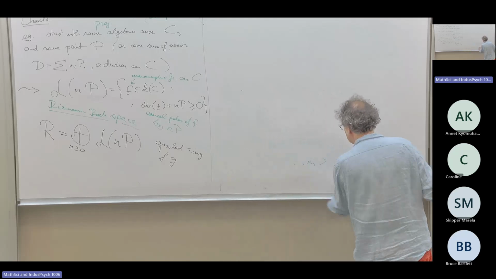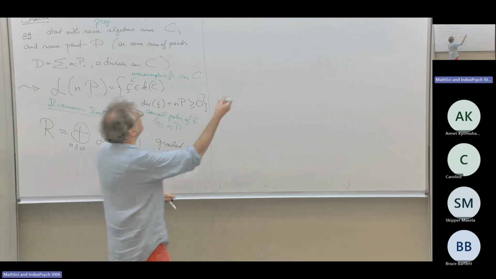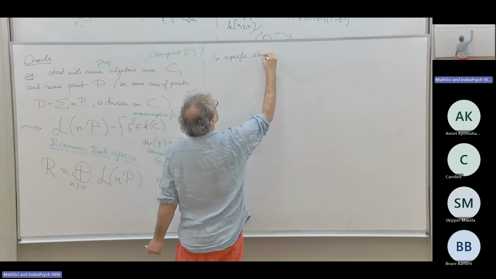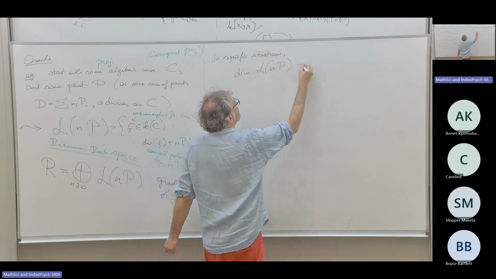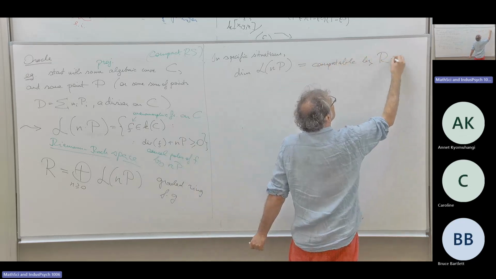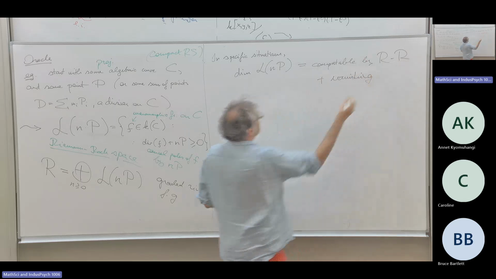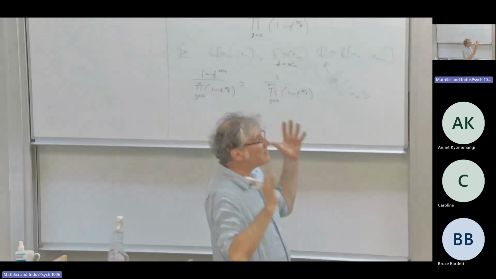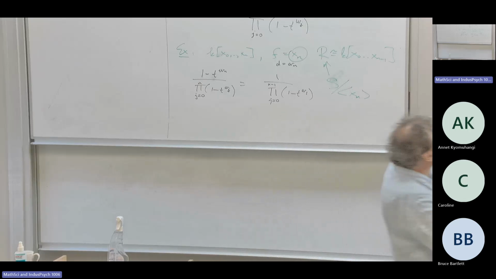In specific situations, the dimension of this Riemann-Roch space is computable by Riemann-Roch plus vanishing. And now, if you don't know algebraic geometry, you just have to believe me that there is some kind of machine that produces such formulae. And where did these formulae come from?